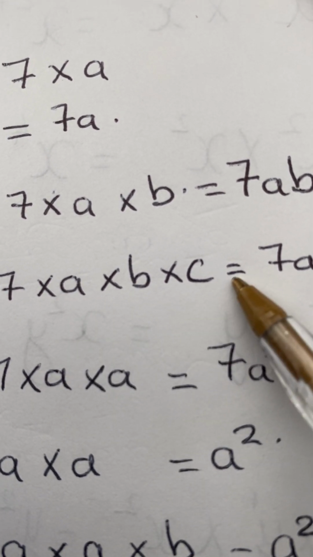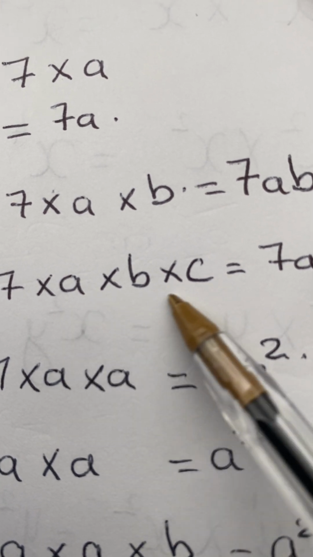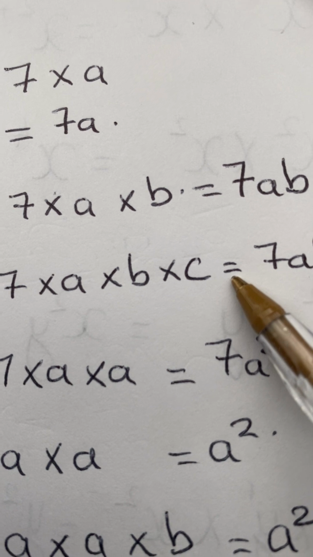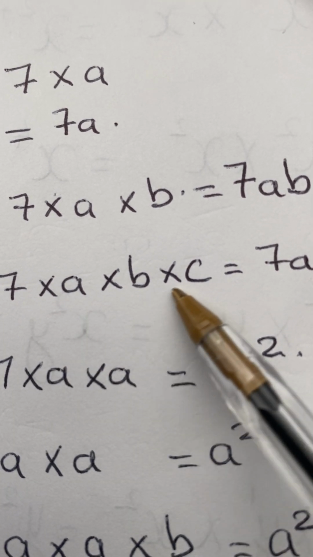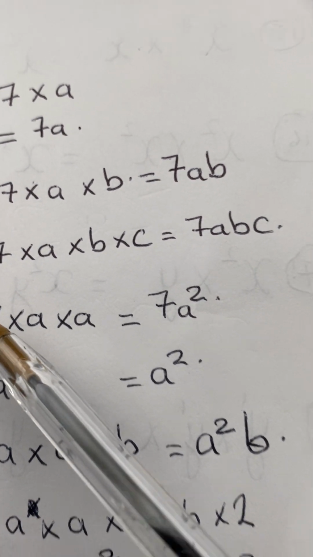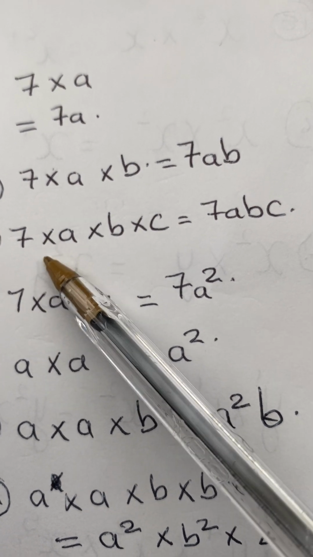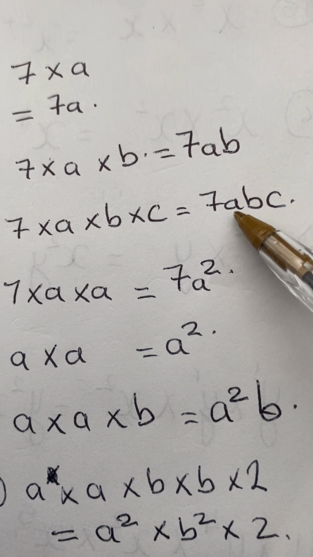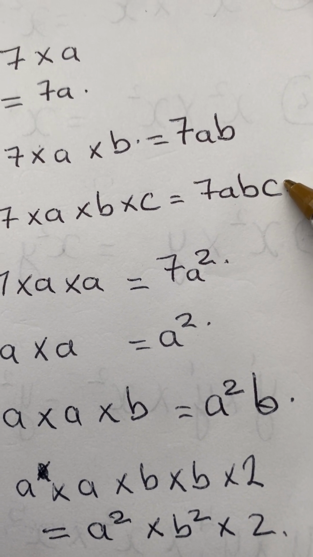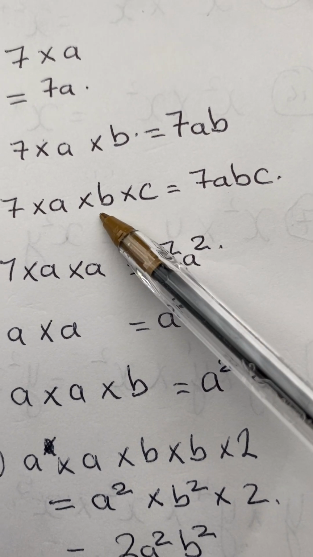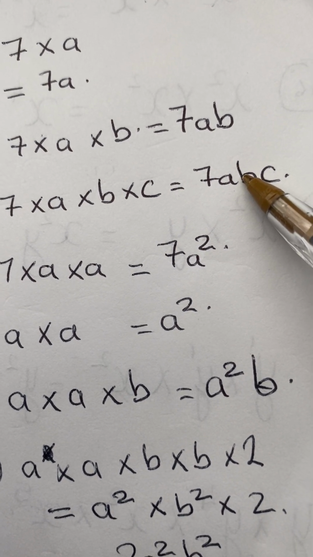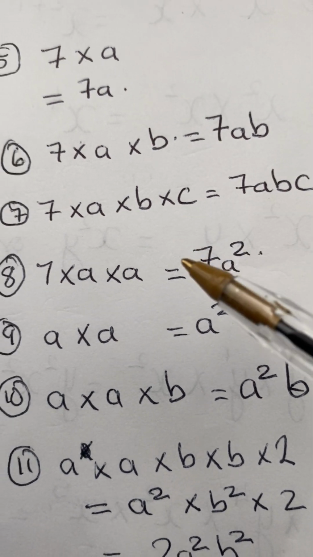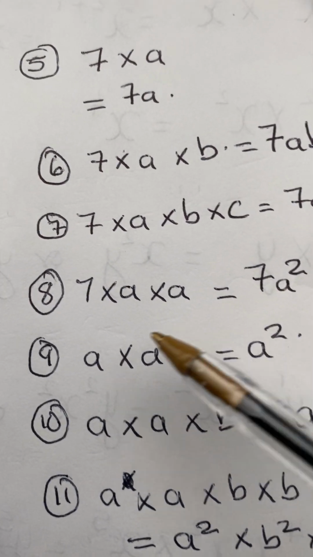If it were add, we couldn't do anything, but if it's timesing, then we just multiply all. So now our answer will be 7abc, as I've written here. So if we have 10 variables and we are multiplying, we just write them together.